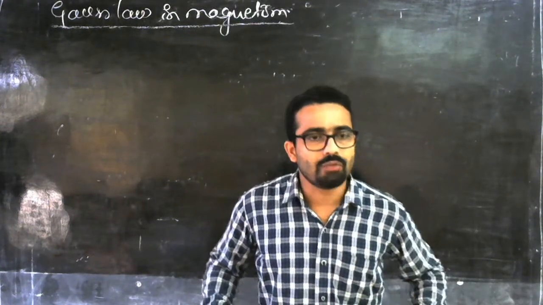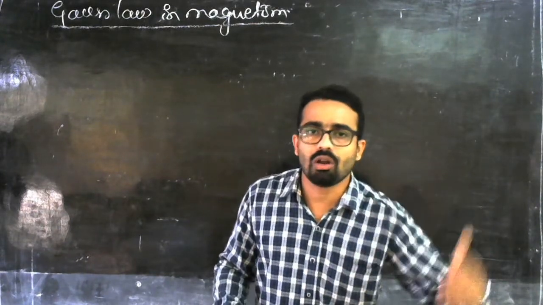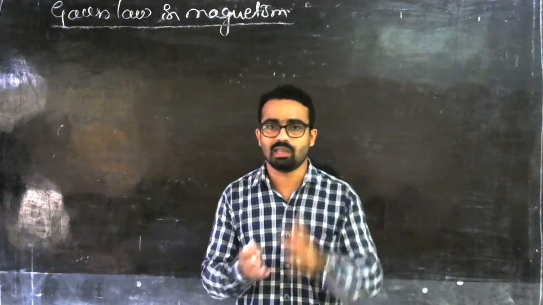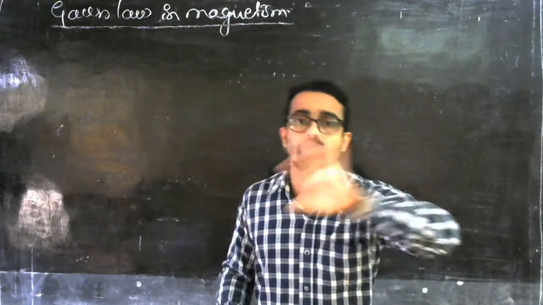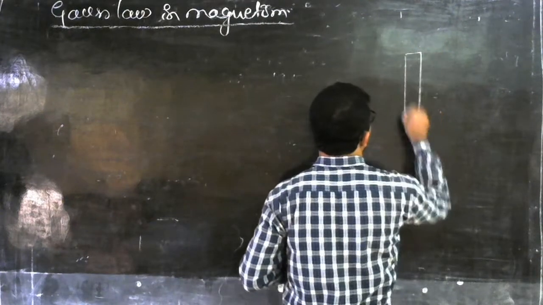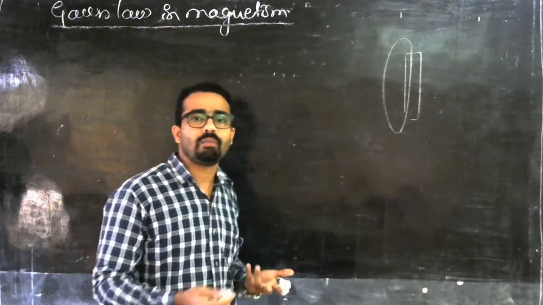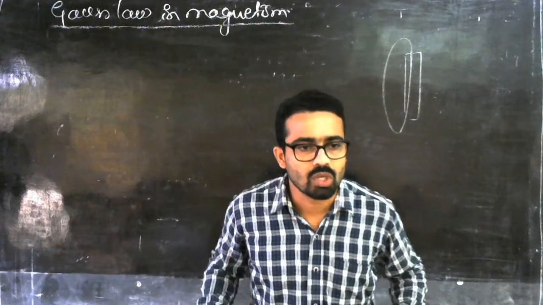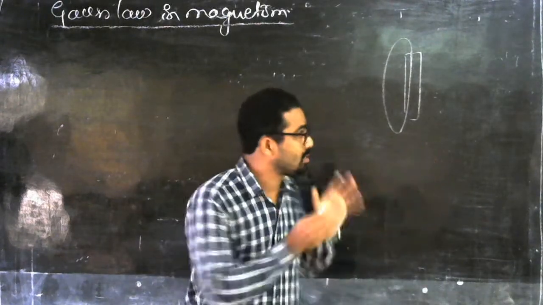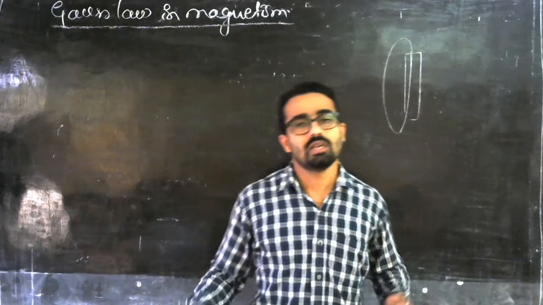That is why the field lines do not start from one point or terminate at another point. They form one closed loop. I also drew the image of these magnetic field lines. There is no starting point and no ending point. Keep this concept in mind.